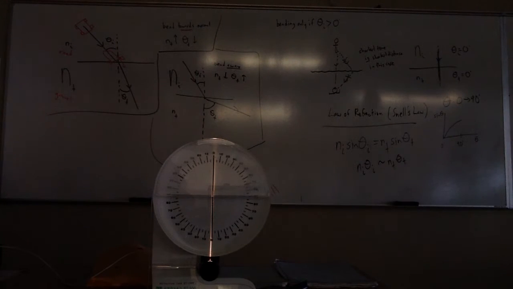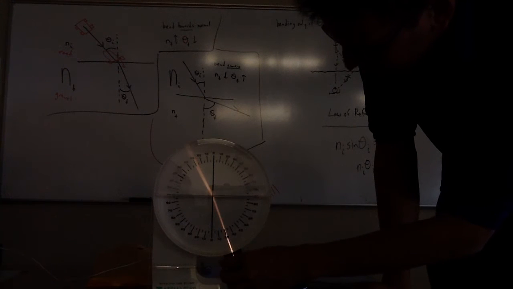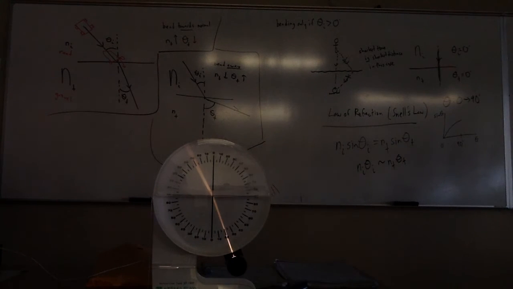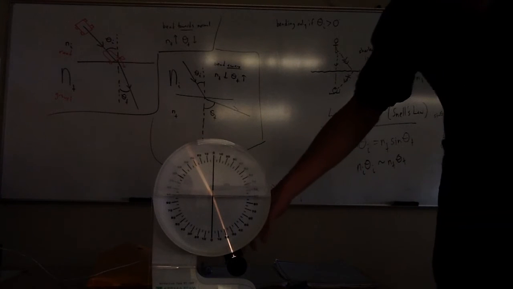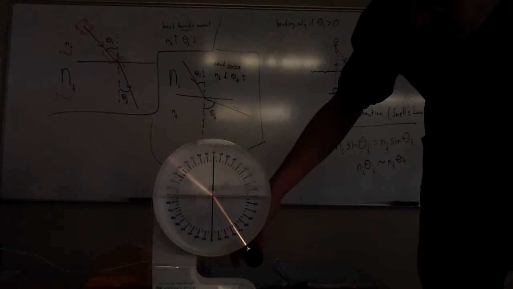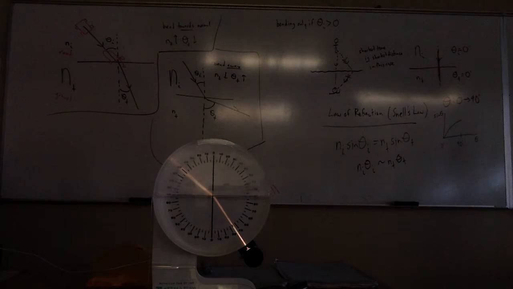The bending only happens when you start to deviate from the normal. So if I shoot it in at 20 degrees, it comes out about 30. See that? So it's bending away from the normal. And if I keep going, I'll shoot it in now at about 35 degrees and it's coming out at around 50 degrees. So it's bending away from the normal.